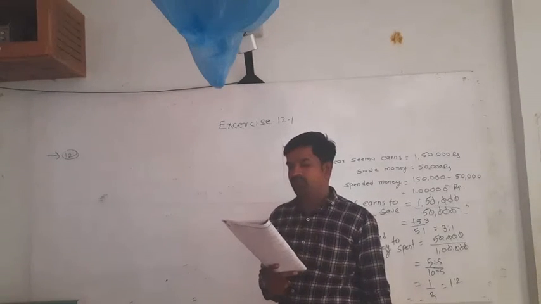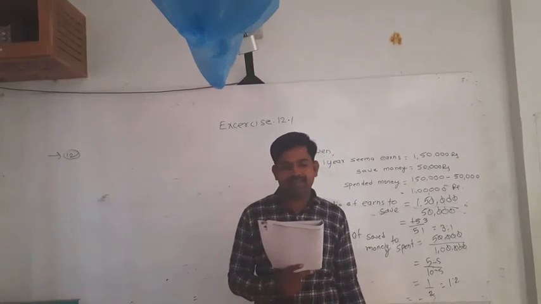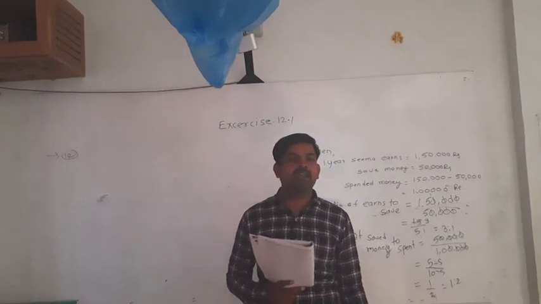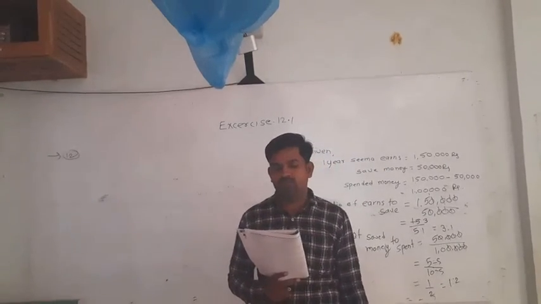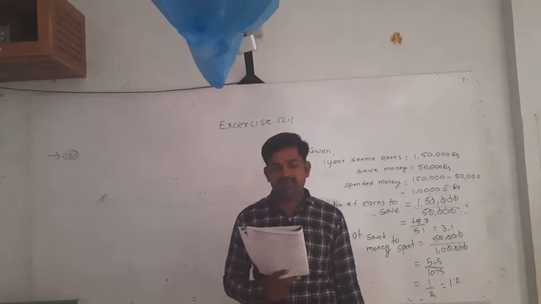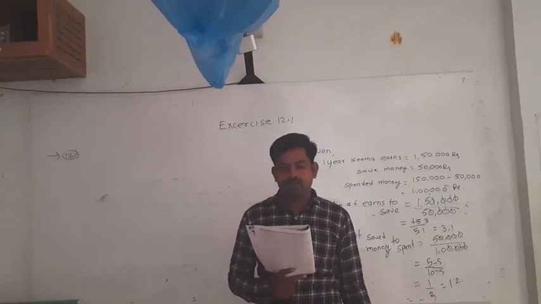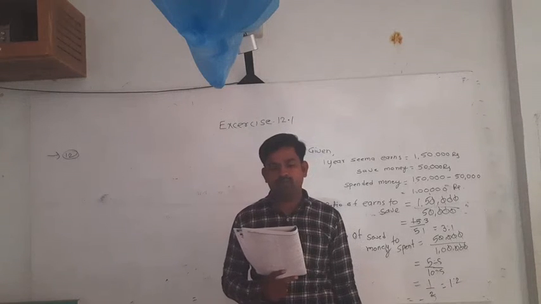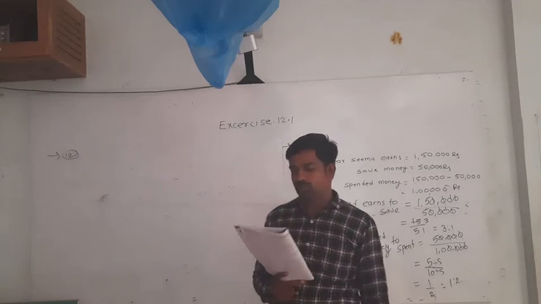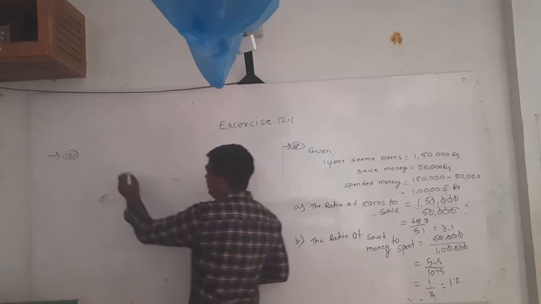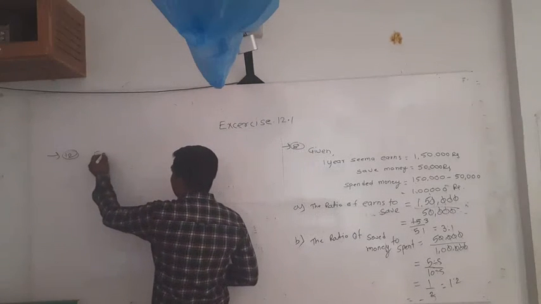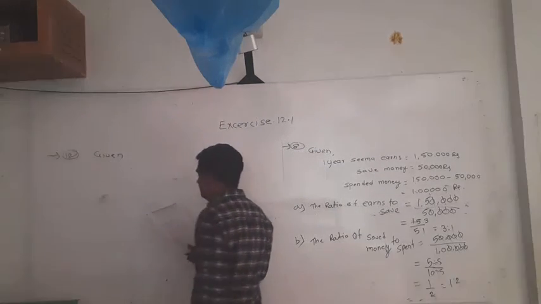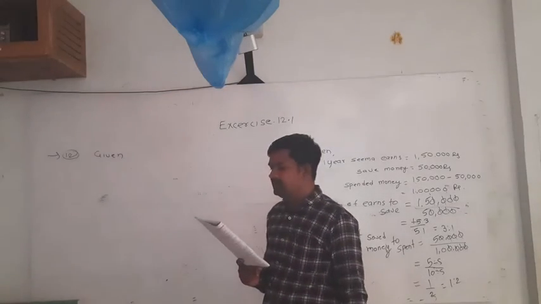Okay, the cost of 1 dozen pens is 180 rupees and the cost of 8 ball pens is 56 rupees. Find the ratio of the cost of pen to the cost of ball pen. Now, a simple example. First write the given.